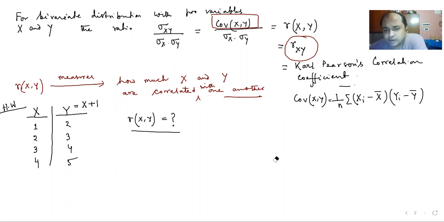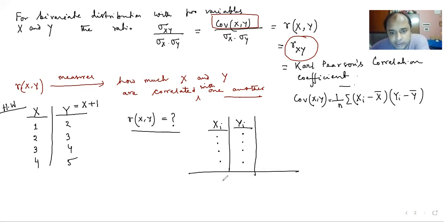If you use it, you are going to make a chart. In the chart you will put your xi, 4 values are given, and yi, 4 values are given. Then from this chart you are going to calculate x bar and y bar, and then find the difference of each point xi from x bar.